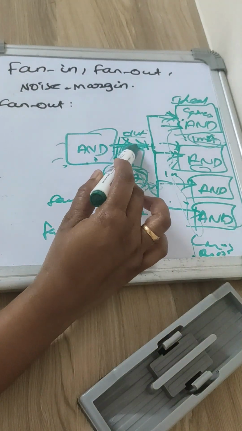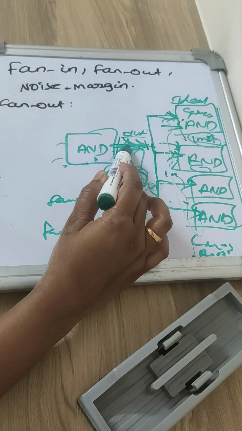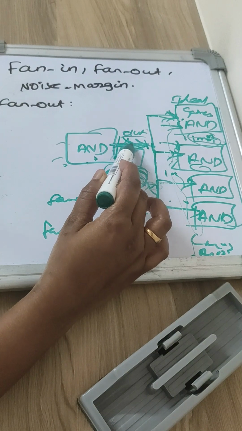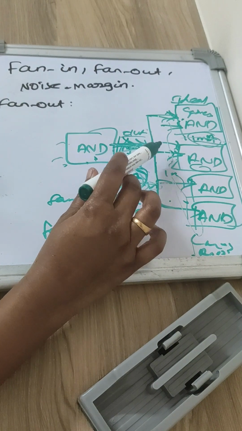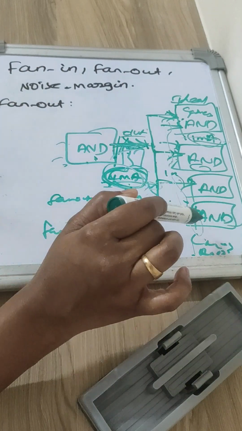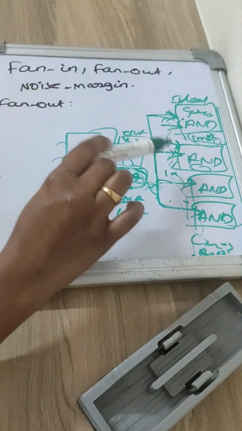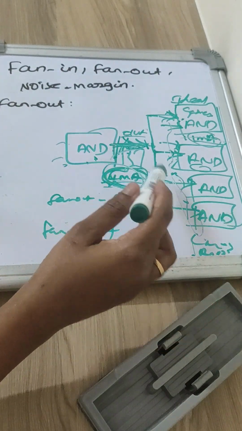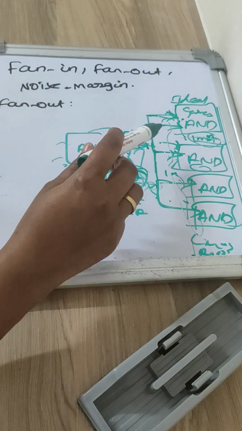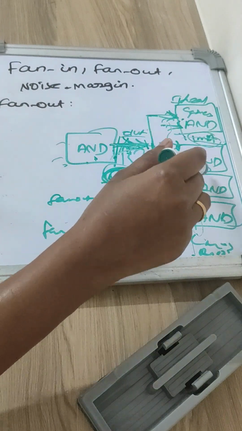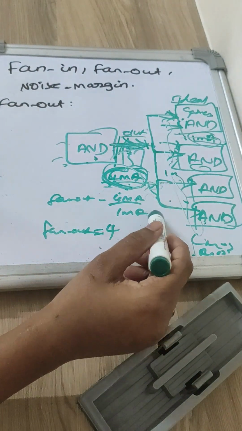So how much current it is driving is what suffices to drive the gates, the number of gates. So how many gates it is able to drive without any functionality difference, that is what the fan out is. Here 4 milliamps, since each gate expects 1 milliamp, we could drive 4 gates.